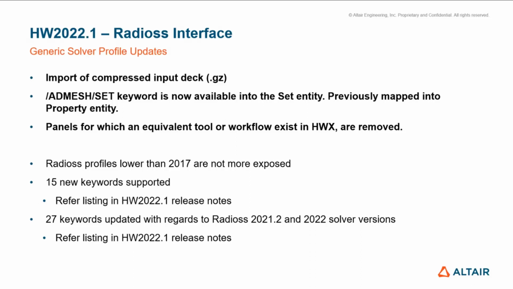And for the sake of cleaning up the profiles, which are also more or less useless now for this solver, we have removed from the list of the profiles all the Radioss versions below 2017. And in terms of keyword support and updates, you see the numbers, and for the list and details, please refer to the release notes.